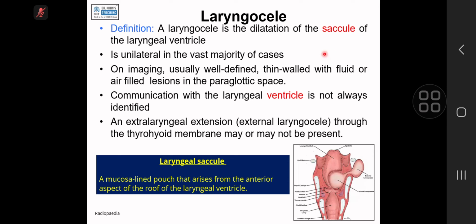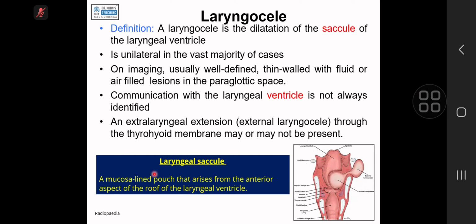What is laryngocele? Laryngocele is dilatation of the saccule of the laryngeal ventricle. So what is the ventricle? I will show you in the subsequent slides. But basically, the saccule itself is a mucosa-lined pouch that arises from the anterior aspect of the roof of the laryngeal ventricle.